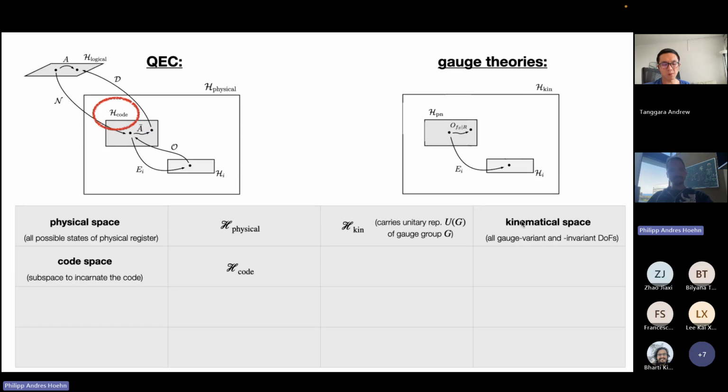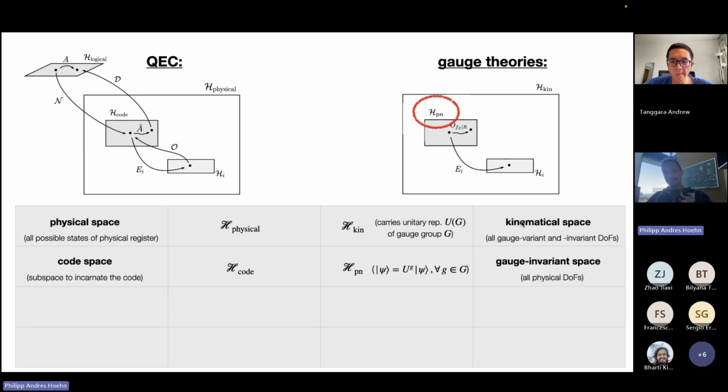Then obviously we have the code space in error correction, which is the subspace in the physical space that you need to incarnate the code, where you want to embed your logical data. The analog of that on the gauge theory side is the Hilbert space of gauge invariant states, those states that satisfy this relation here, so that are invariant under the gauge transformations.